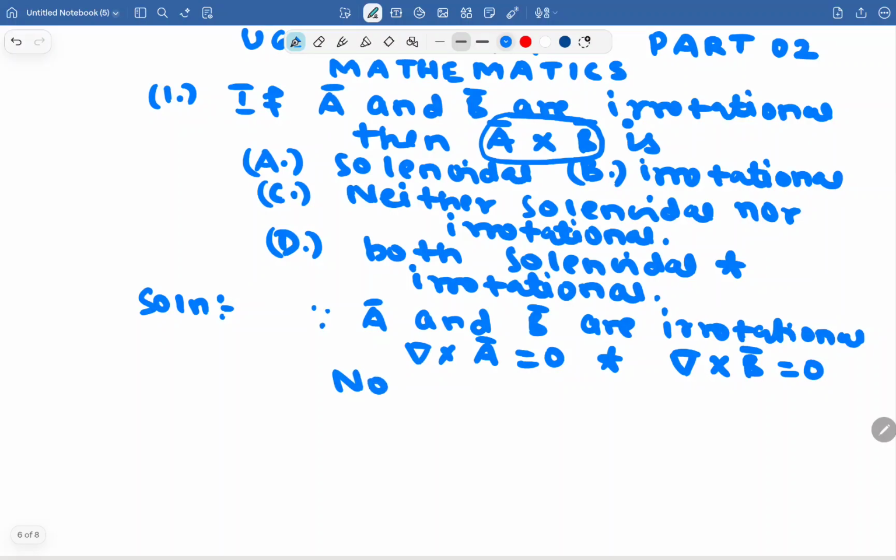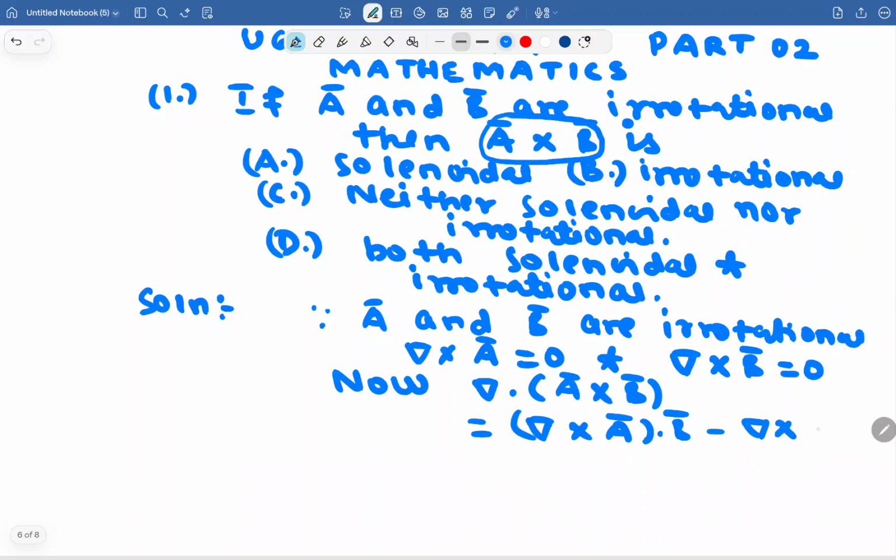Now del dot A cross B, by a well-known result, we can write it as del cross A dot B minus del cross B dot A. This is 0.